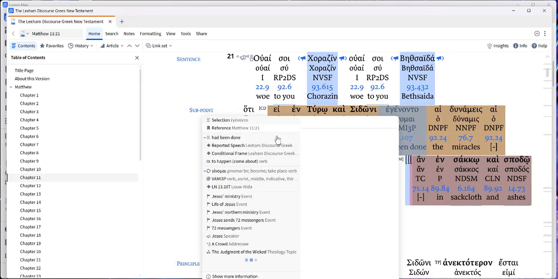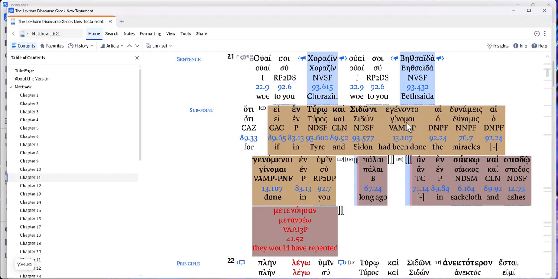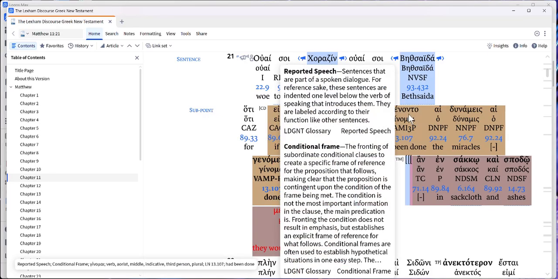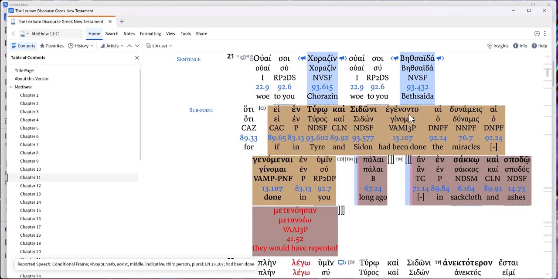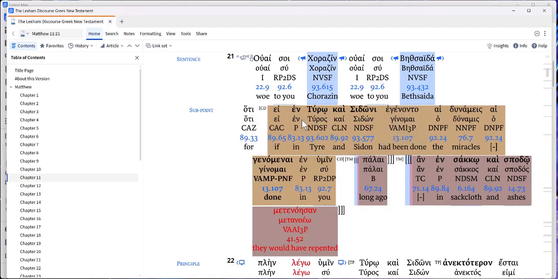So we see an aorist here, and in case you needed to look, hey, that is an aorist tense. So it's saying that this event in the past, if this event in the past happened, and we're looking for another one.